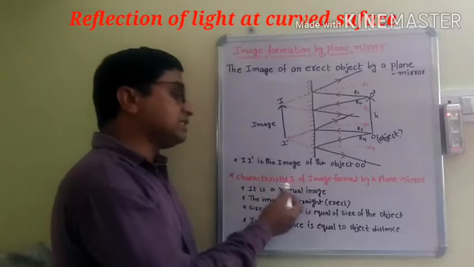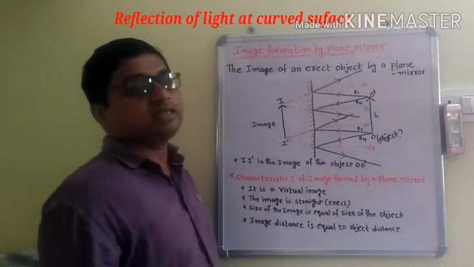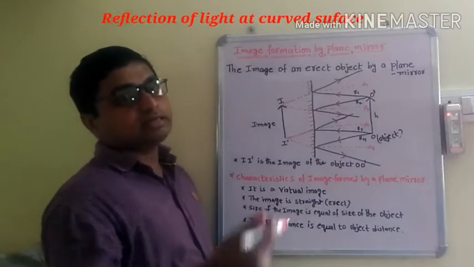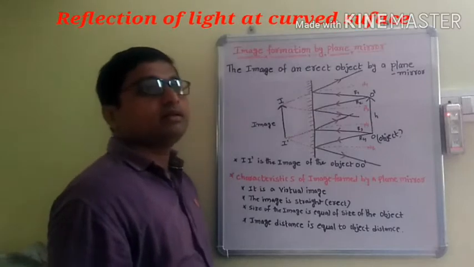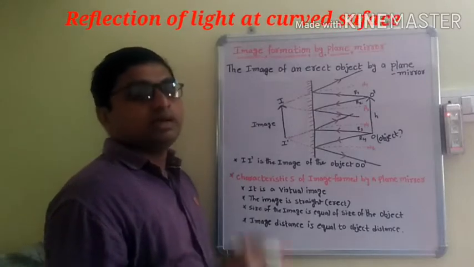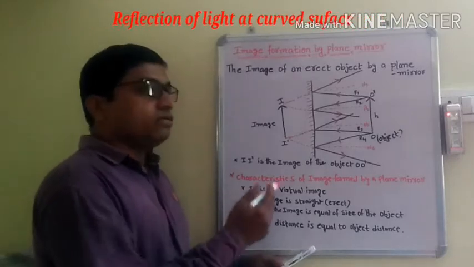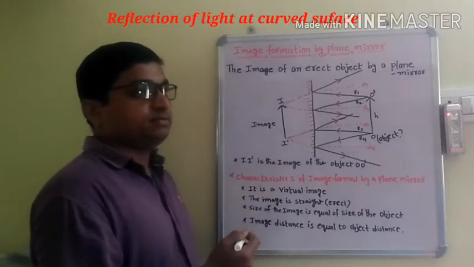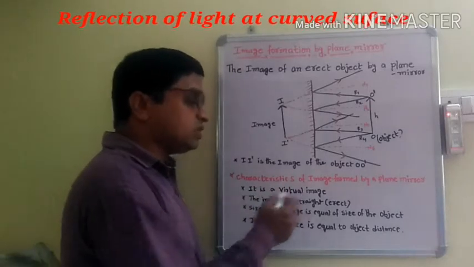Next, the characteristics of the image formed by a plane mirror. Let me discuss the characteristics of the plane mirror image. Here you see what the image is: it is a virtual image.